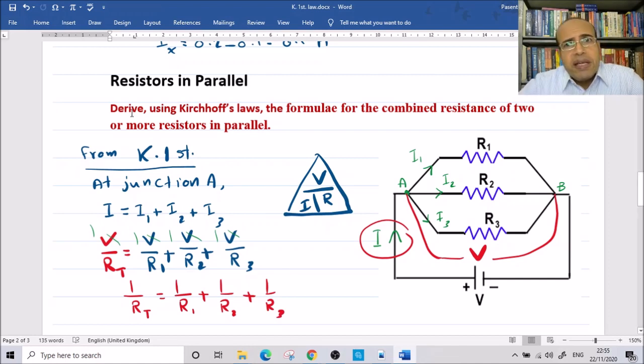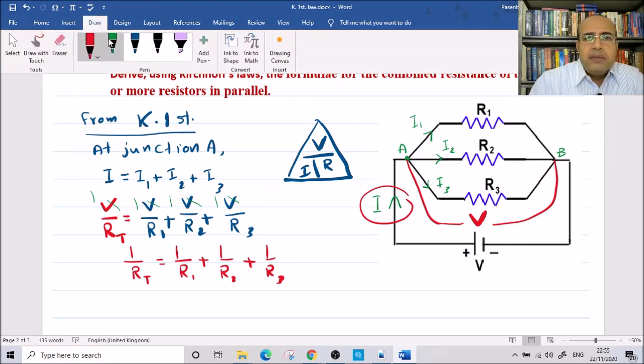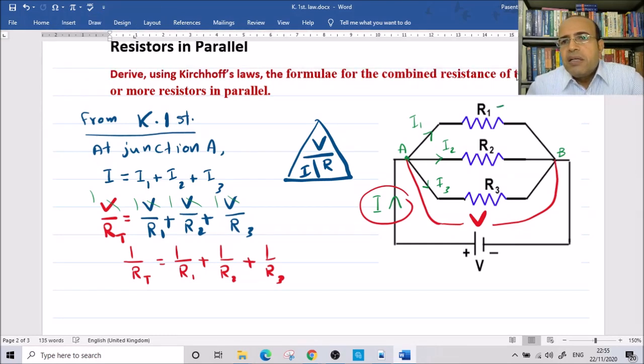Let us take an example about this. Let R1 be 5 ohms, R2 for example 3 ohms, R3 10 ohms. What is the R total, the equivalent resistance? So for this question we write here 1 over R total equals 1 over 5 plus 1 over 3 plus 1 over 10.